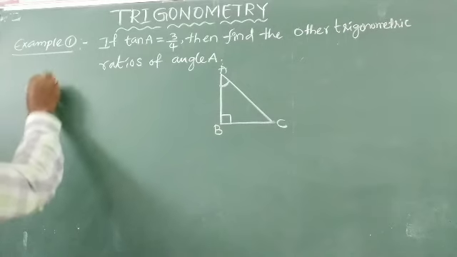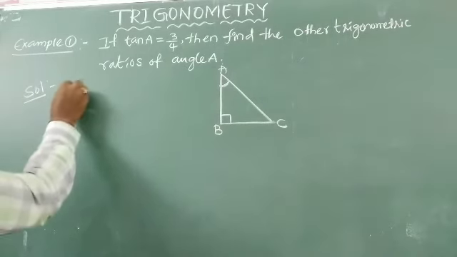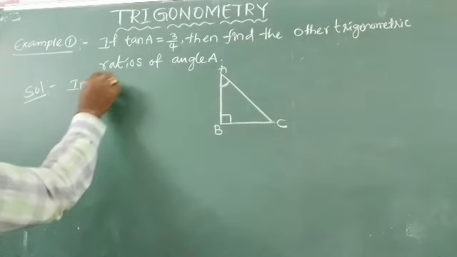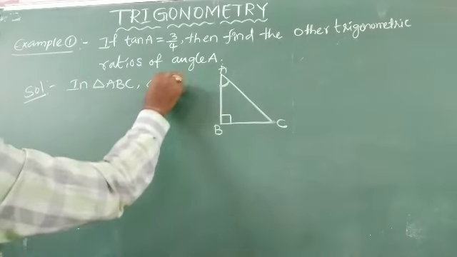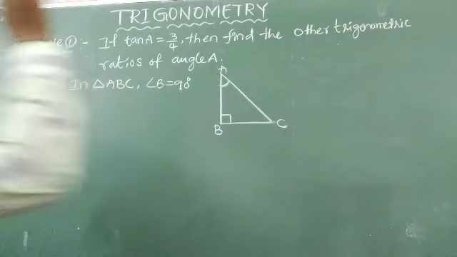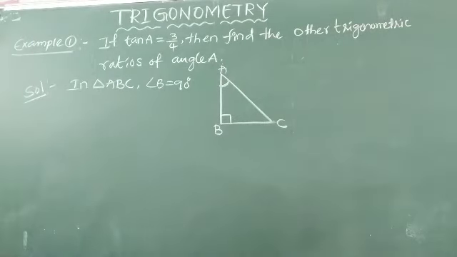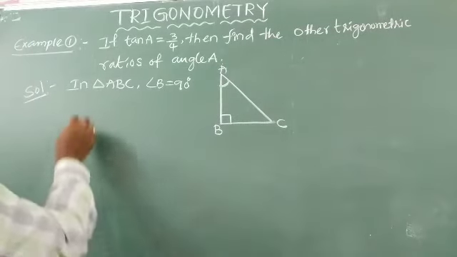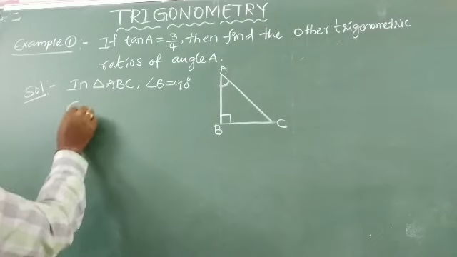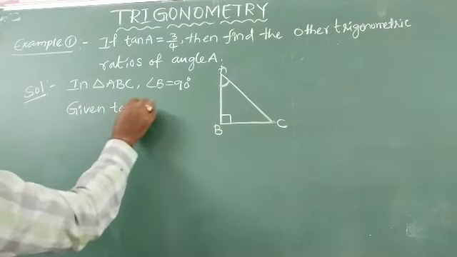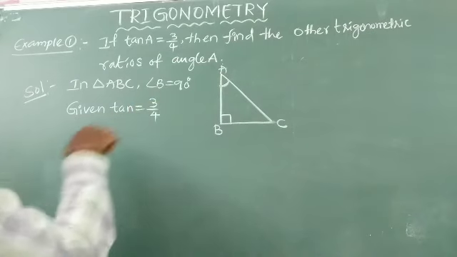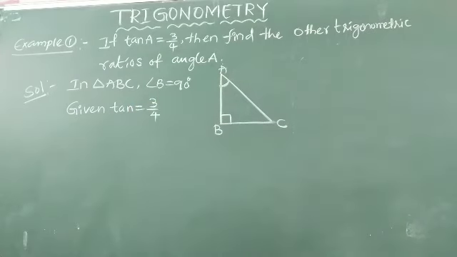So in the solution, in triangle ABC, angle B equals 90 degrees, the right angle. Next, what is given? Tan A equals 3 by 4.